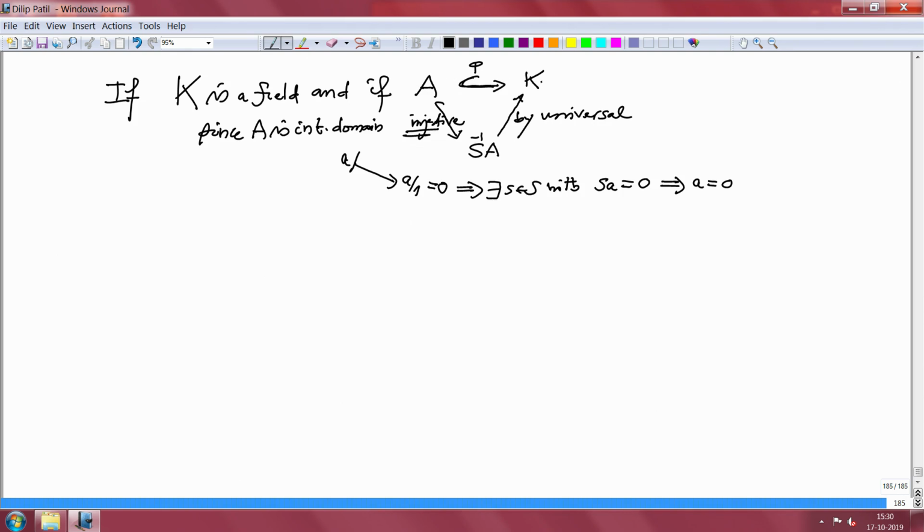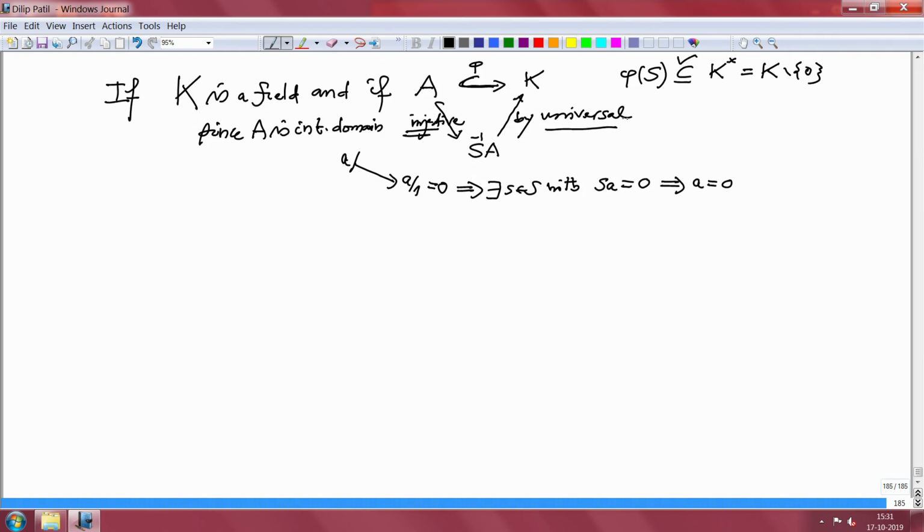So a non-zero element will go to a non-zero element in a field, therefore it is invertible. Therefore, we know that phi of S is contained in the units of K, because K is a field, every non-zero element is invertible. So this is satisfied.